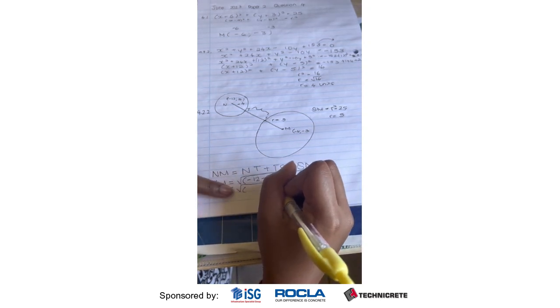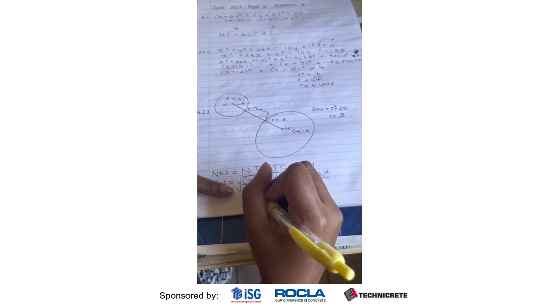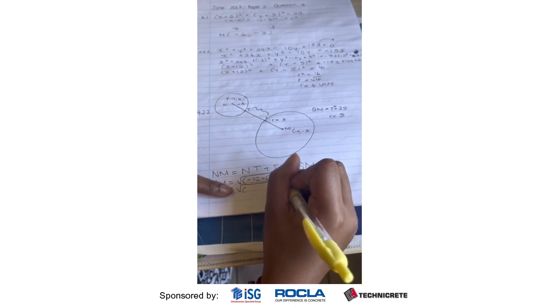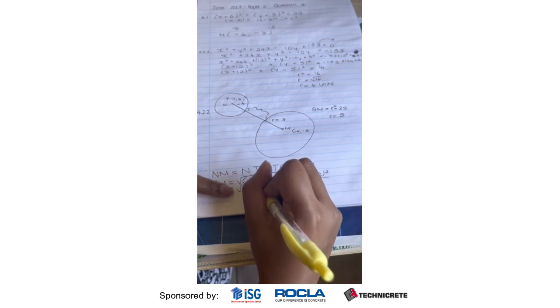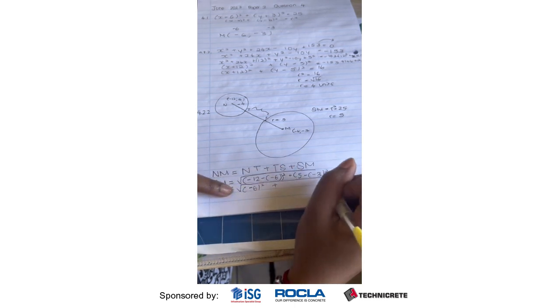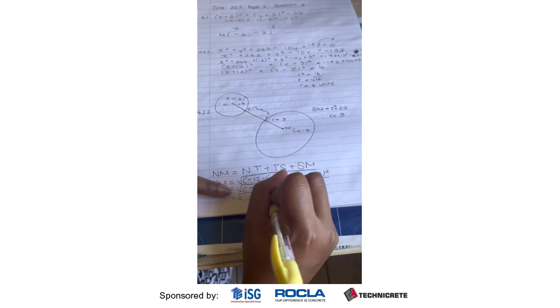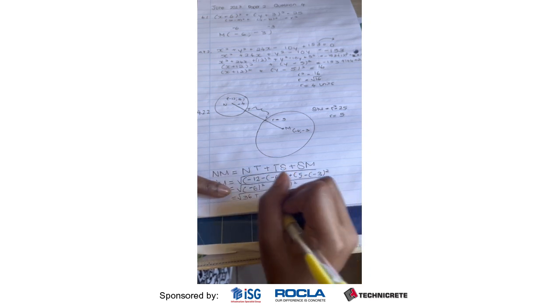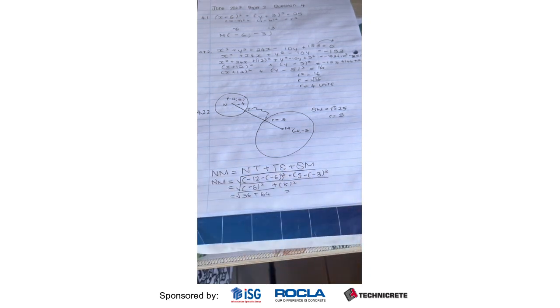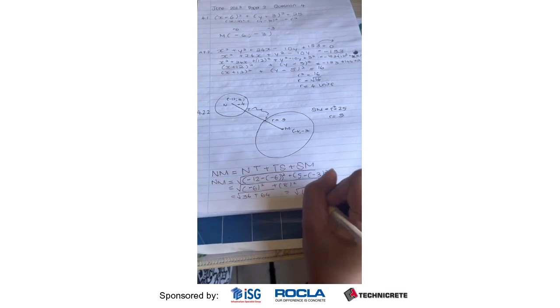So negative 12 plus 6 is, so you could go straight into your calculator, but I'm going to solve it. So negative 12 plus 6 is negative 6 squared plus 5 plus 3 is 8 squared. So I've got 36 plus 64, which is equal to 100. Root of 100, 10 units.